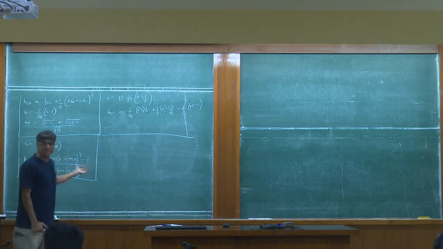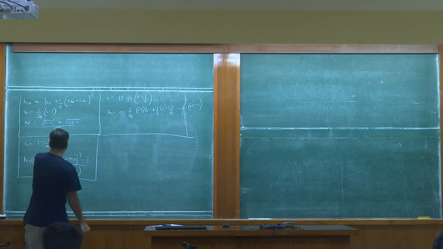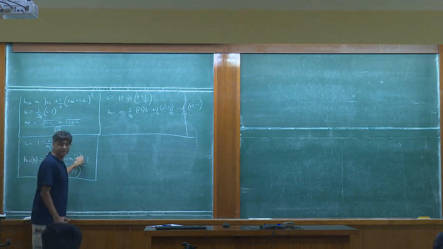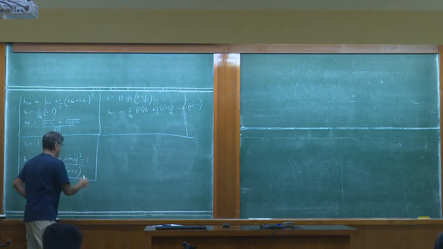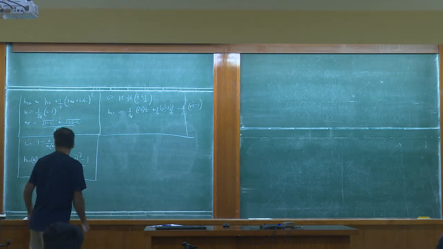Once again, there was a quadratic equation, and M and M plus 1 were interchanged in the two roots. You might think there's a minus here, but it doesn't make a difference because it's squared. So interchanging M and M plus 1, the two roots, interchanging R and S gives you the same answer.